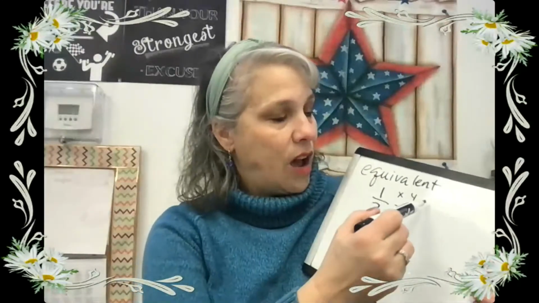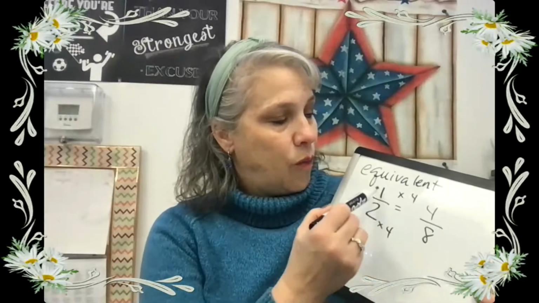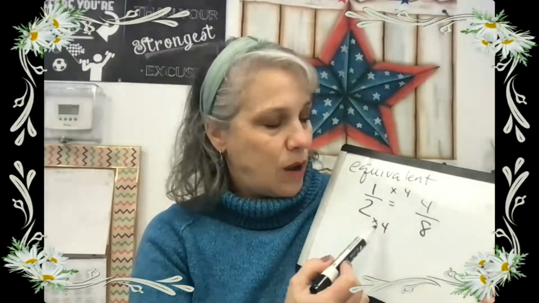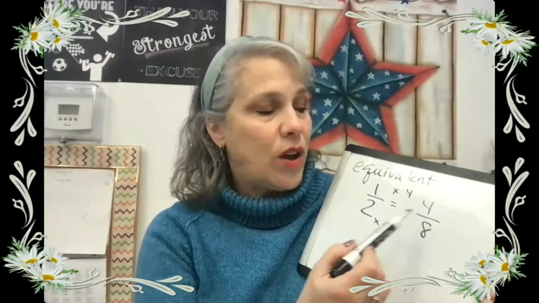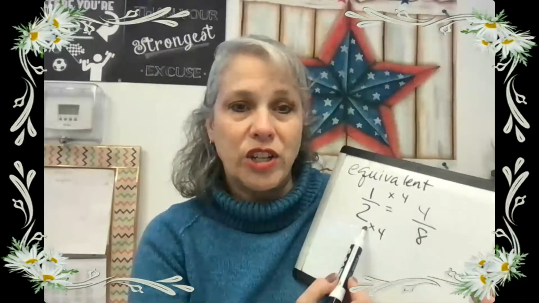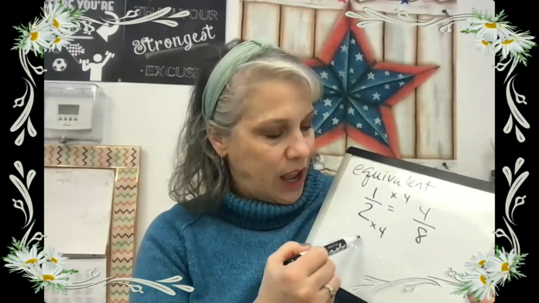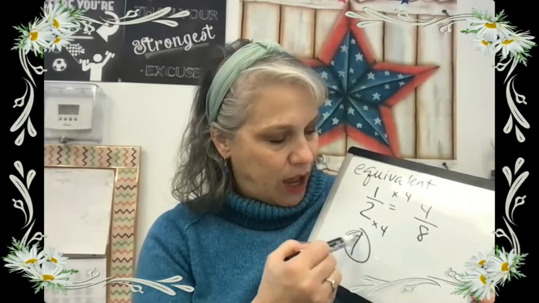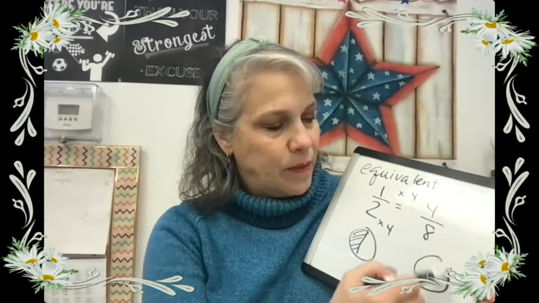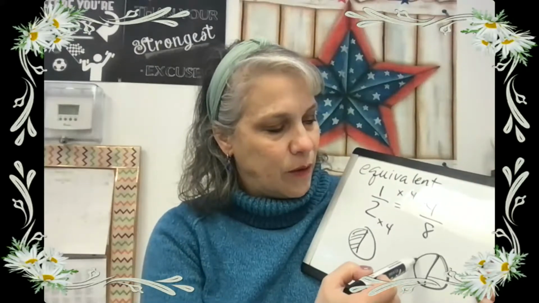So 1/2 is equal to 1 times 4 is 4, 2 times 4 is 8. So I've changed the look of the fraction, but it's still the same amount. So like if I had a half of a pie, that's the same thing as 4/8 of a pie.